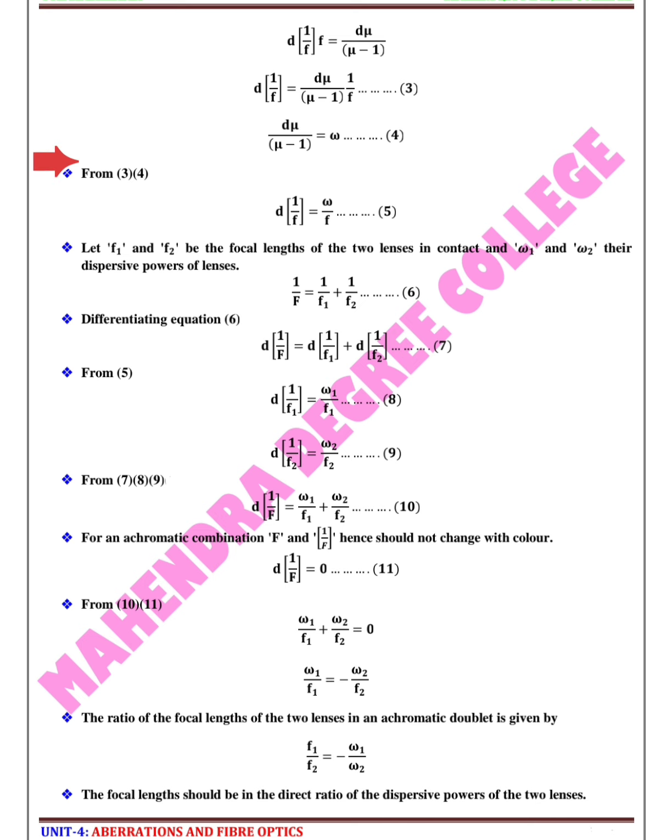From equations 3 and 4, simply, in equation 3, replace d mu by mu minus 1 with omega. We get differential of 1 by f equals omega into 1 by f.